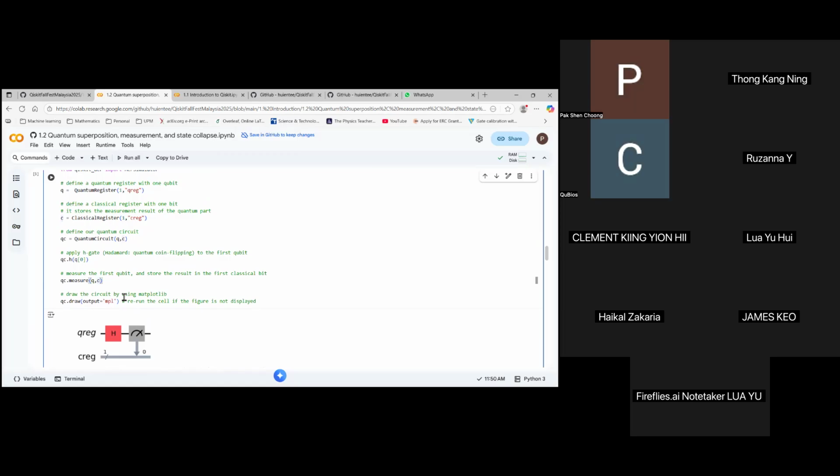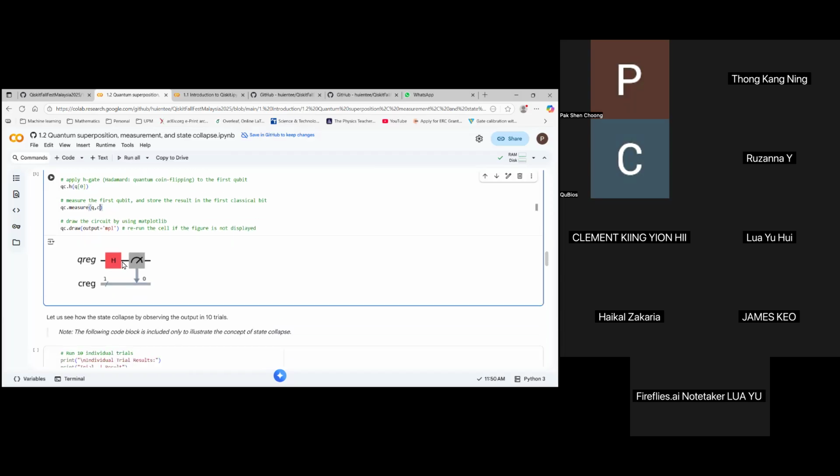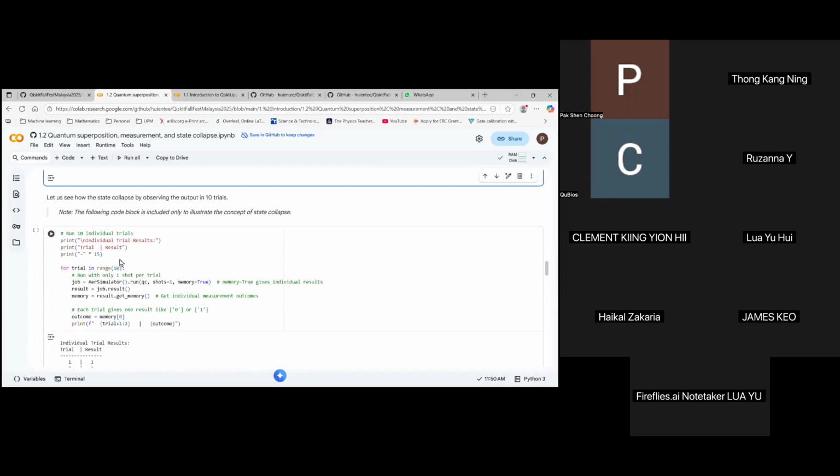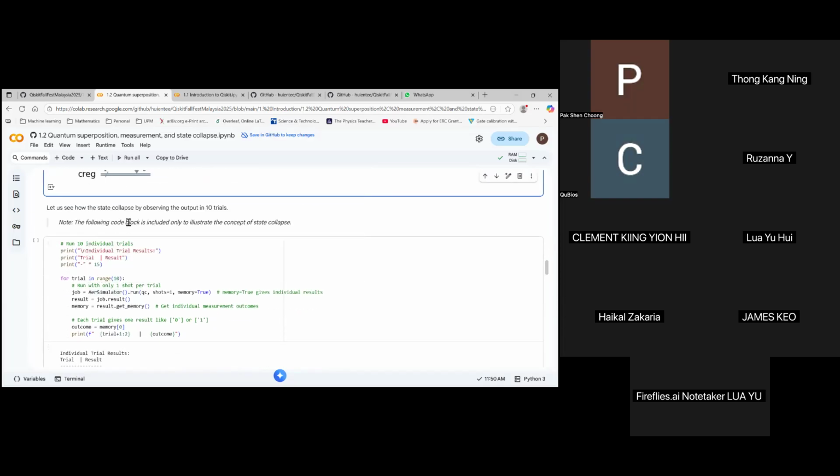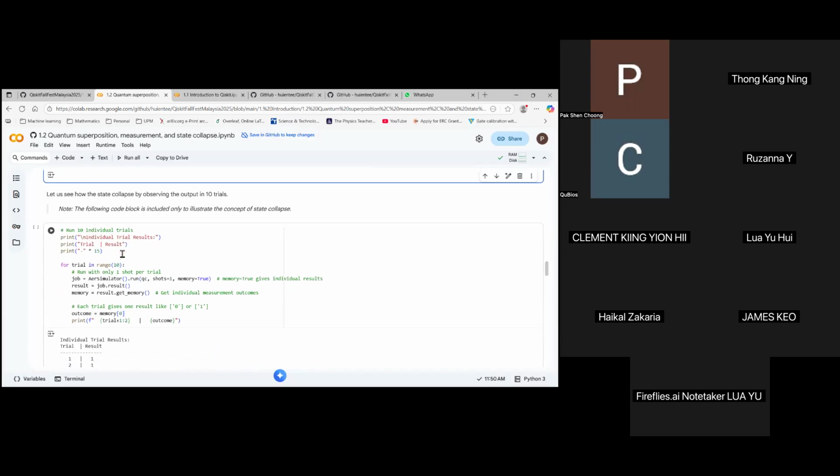And C you can also define as two or maybe three, to say that you measure it and then record it in which register of classical bit. Okay, so all here are the same. All right, now let's see how the state collapses when we observe through the output.